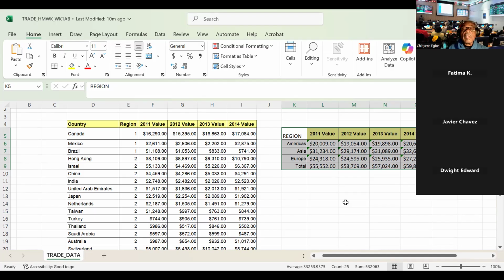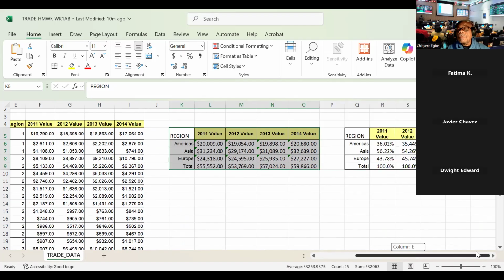And so you are to create a table showing a chart showing the amount of trade by region, and then create a chart showing the percentage of trade that each region does with the United States.